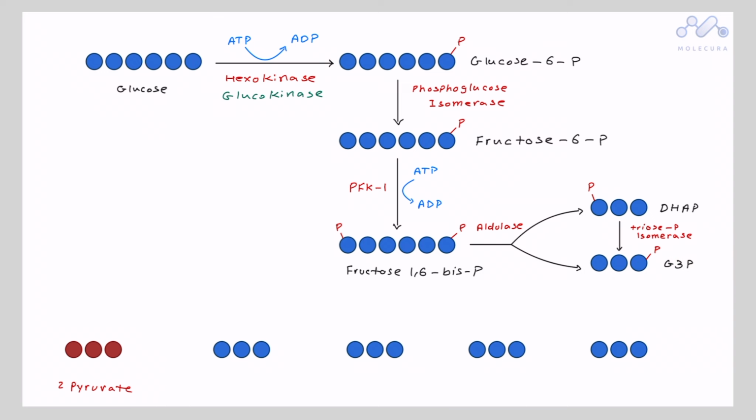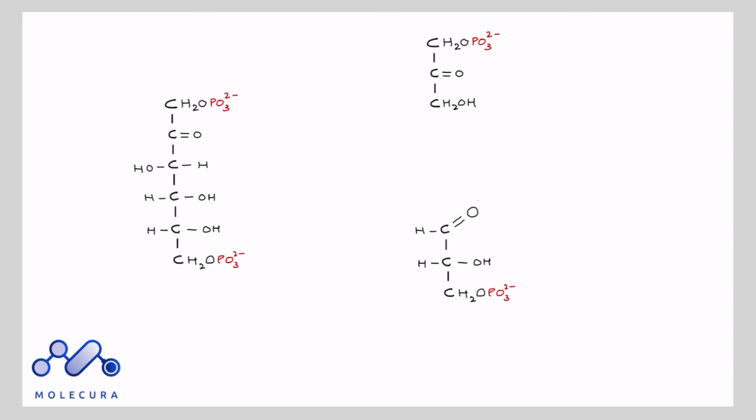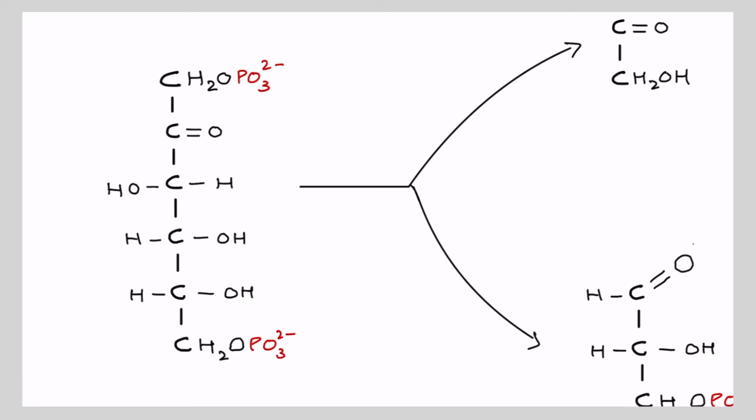Now, to look at it on a molecular level, we can see what is happening here. It's the same thing. It's going to start with an aldolase, and our aldolase is going to convert our fructose 1,6-bisphosphate into two molecules, and our two molecules here are going to be called DHAP and G3P, which we're going to write here in more detail.